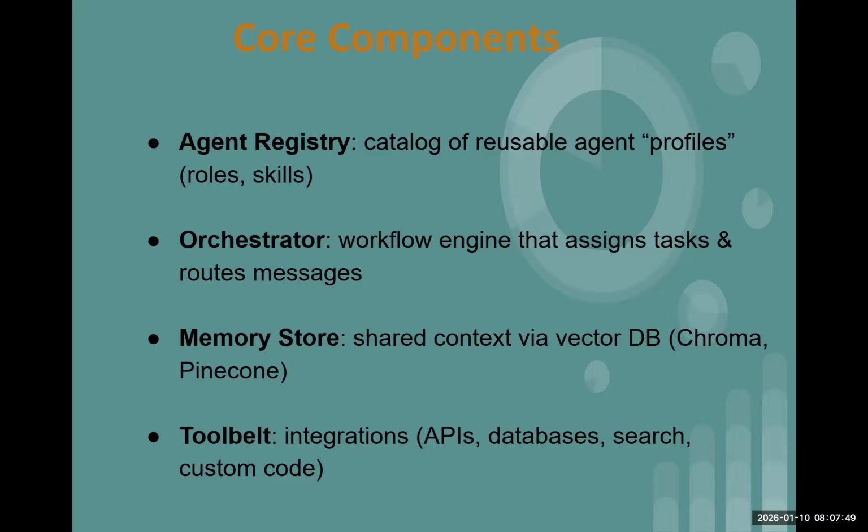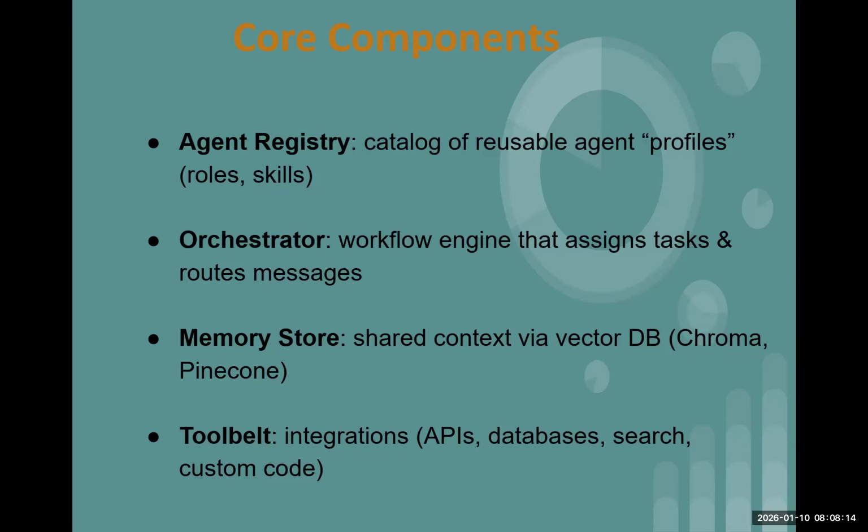It has the agent registry, orchestrator, memory store, and tool belt. Agent registry is a catalog of reusable agent profiles. So it will store the roles and skills of reusable, off-the-shelf agents. Orchestrator is the workflow engine that assigns tasks and routes messages.